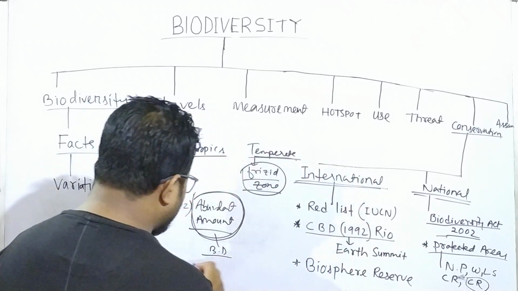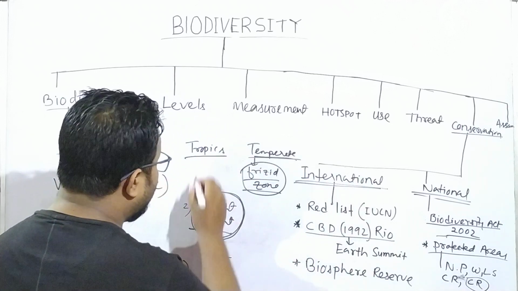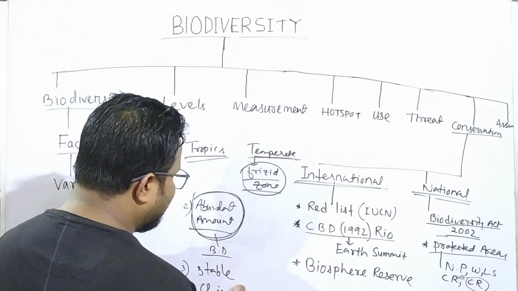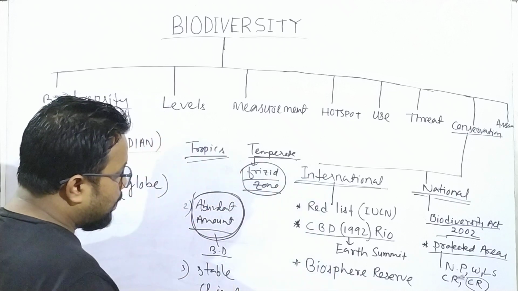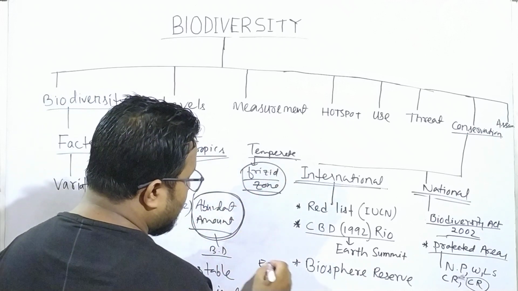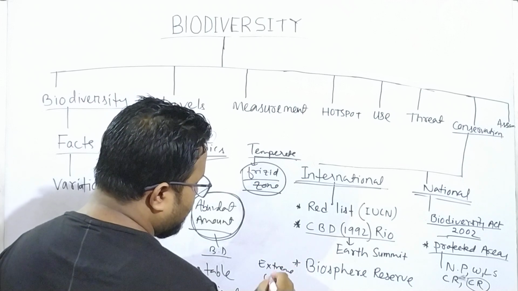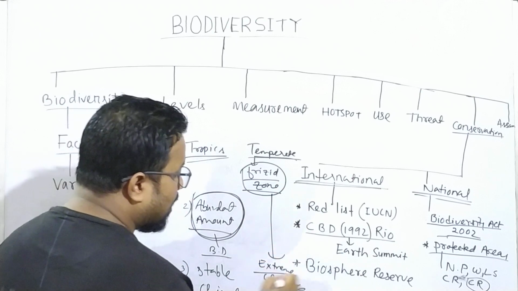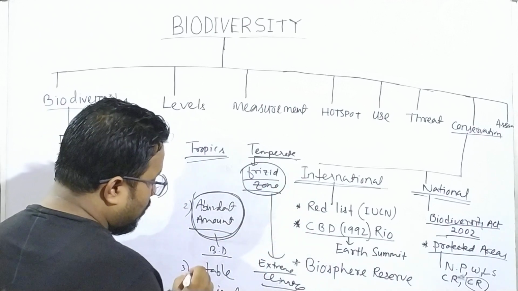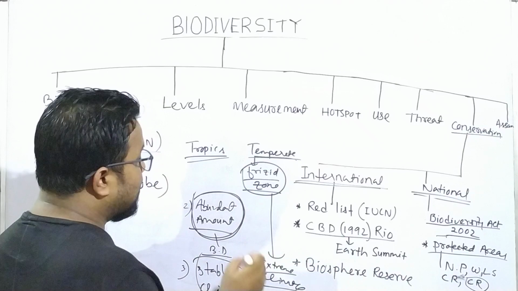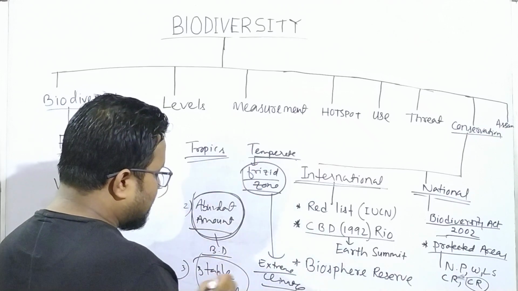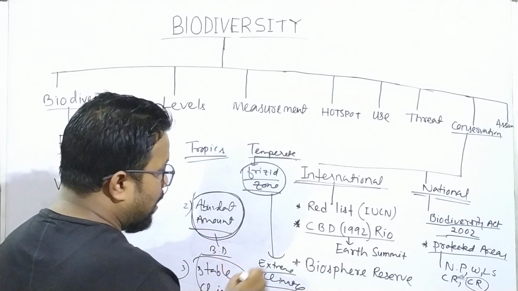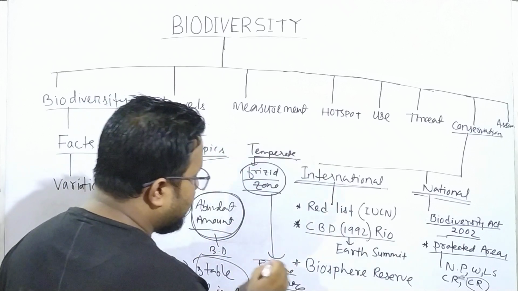And the third reason is that in the tropic region we have a stable climate, but in the temperate region we have an extreme climate.